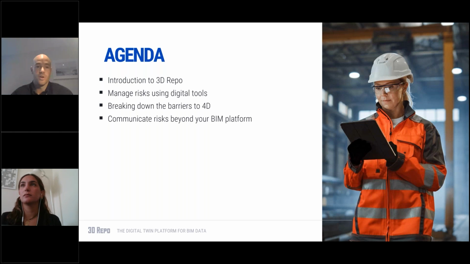And then last of all, communicate these risks beyond your own BIM platform, pushing risks into other tools where they can be managed. And then to follow on from that, we'll have the questions section. So please get those questions coming through as we go throughout the webinar.